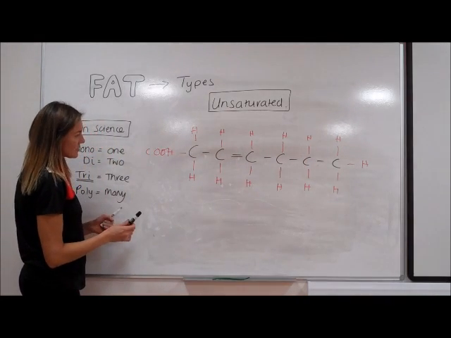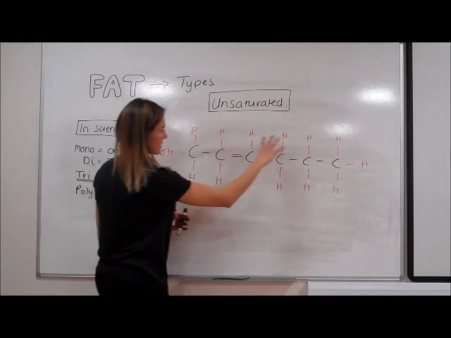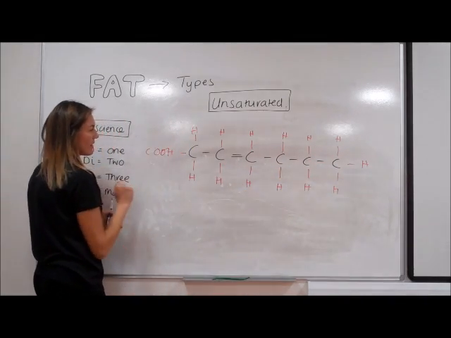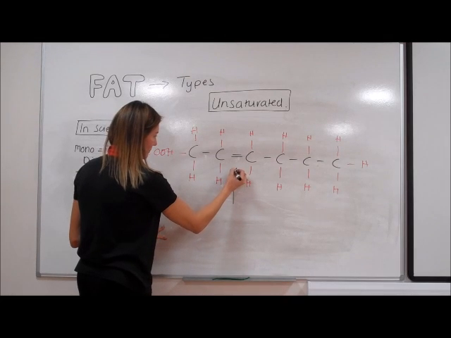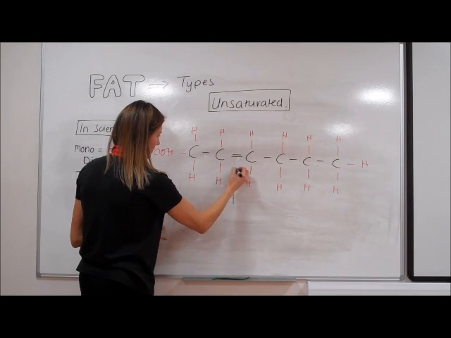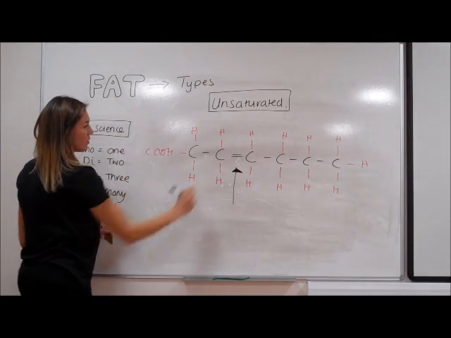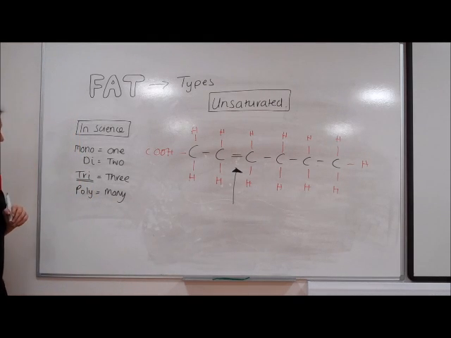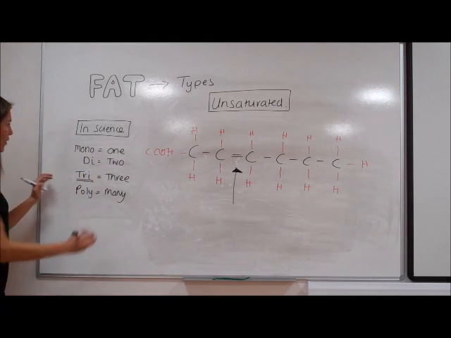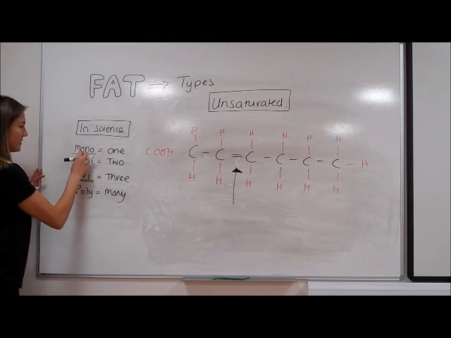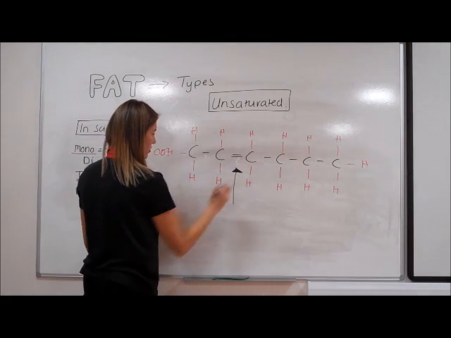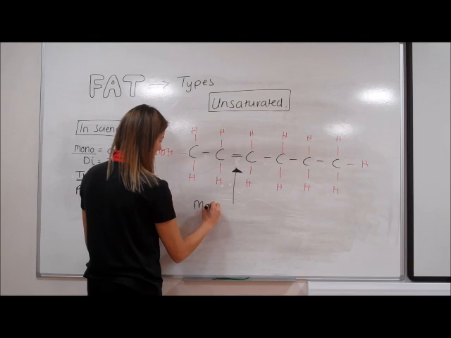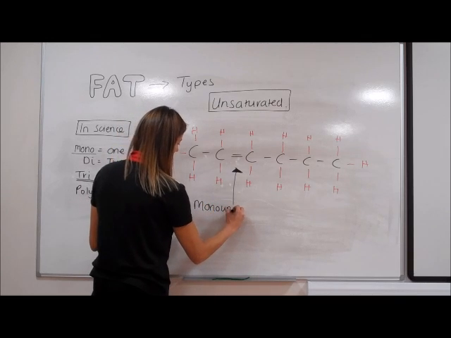As it stands, on this unsaturated fat, we can give it a subcategory. There is, at this moment in time, one double bond. And because there's one double bond, we know that one in science means mono. So we can call this structure a monounsaturated fat.